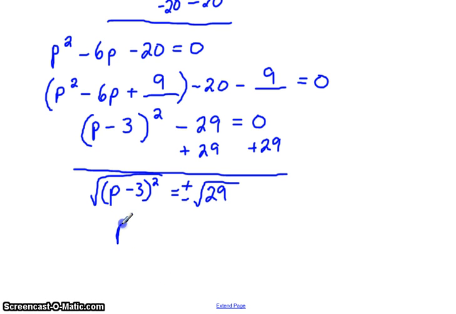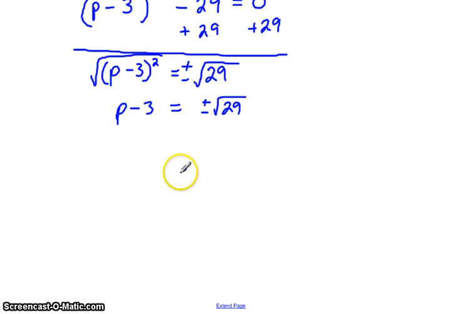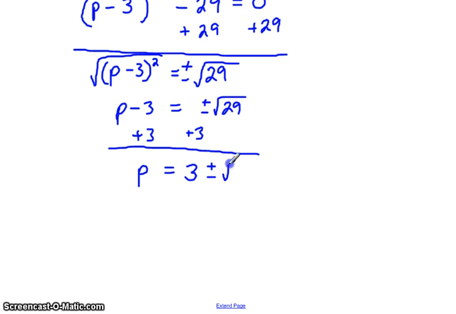This leaves me with p minus 3, no square root, no square, equals plus or minus square root of 29. And now to get p alone, I add 3 to both sides, which gives me p is equal to, and again I'm going to put the 3 first, 3 plus or minus square root of 29.